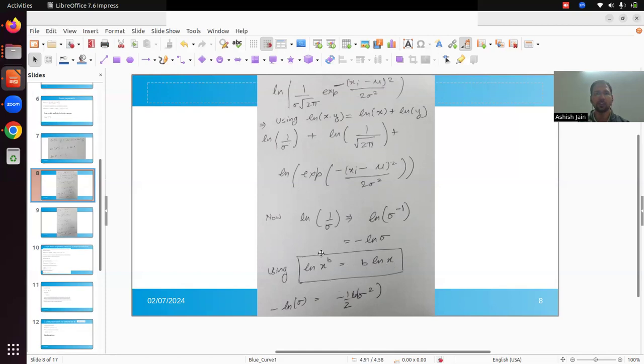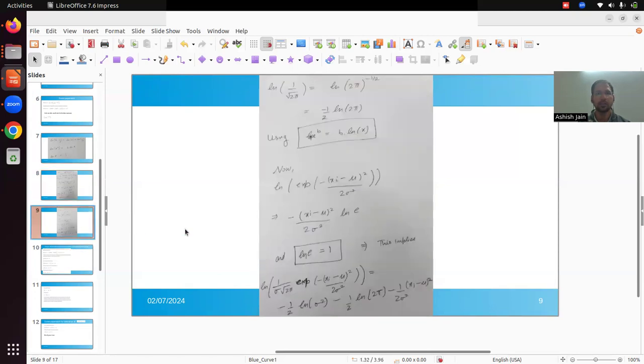to solve this thing, logarithm of 1 upon sigma. Next, we use the same formula to solve the logarithm of 1 upon root 2 pi. Then this formula again comes into use over here as we solve the exponential expression.